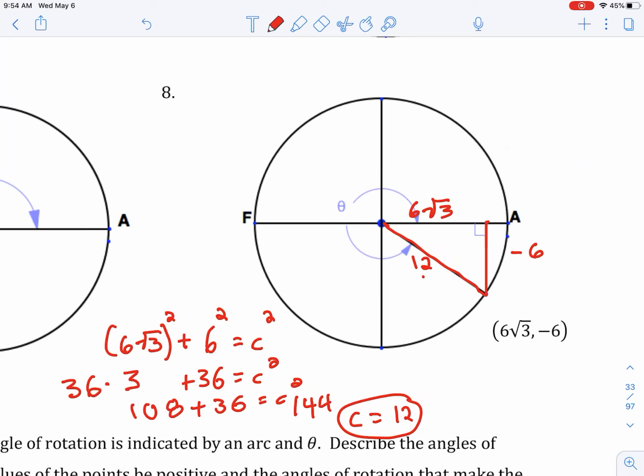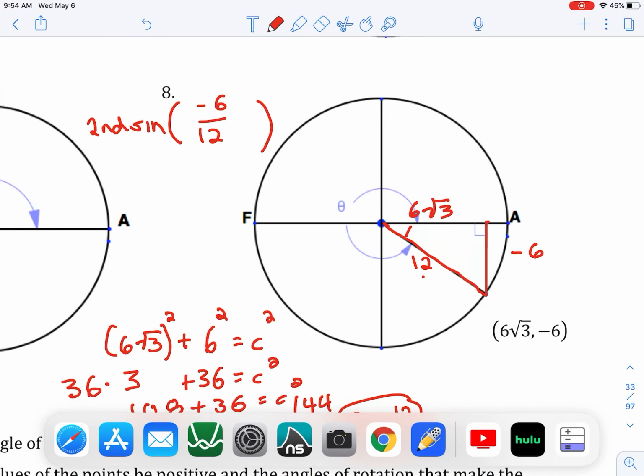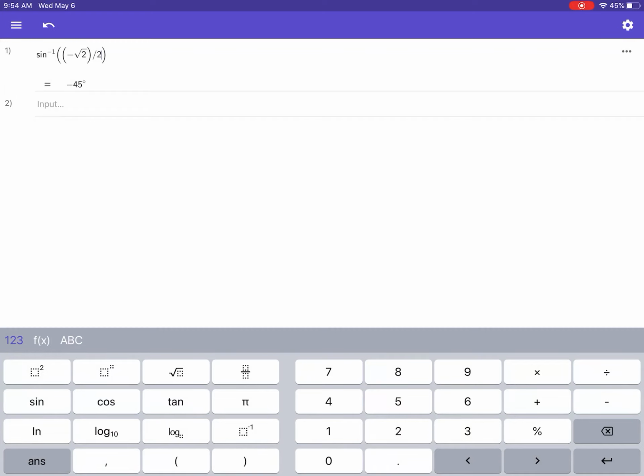But in case you didn't, because they all won't be like that, we would need to figure out this angle by going second sine, opposite. I'll use the negative 6 over 12. So if you go in your calculator, that's like negative 1/2, by the way.